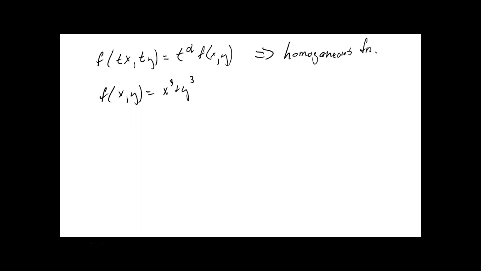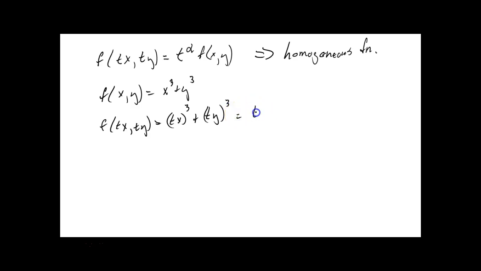And here's the justification. That's a homogeneous function of degree 3, since if you had taken f of tx, ty, that would be tx cubed plus ty cubed, right? That's what the function's doing. Take the first thing in parentheses, cube it, add it to the second thing in parentheses, cubed.